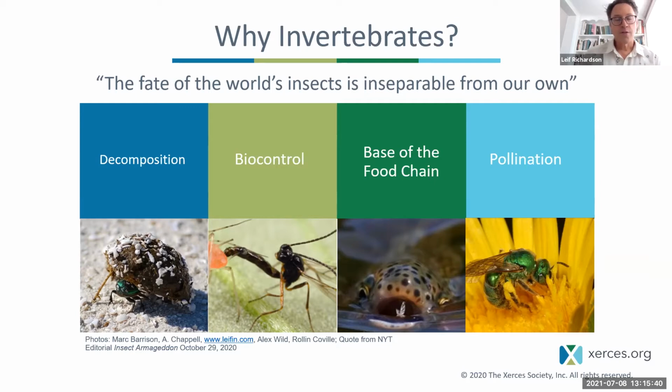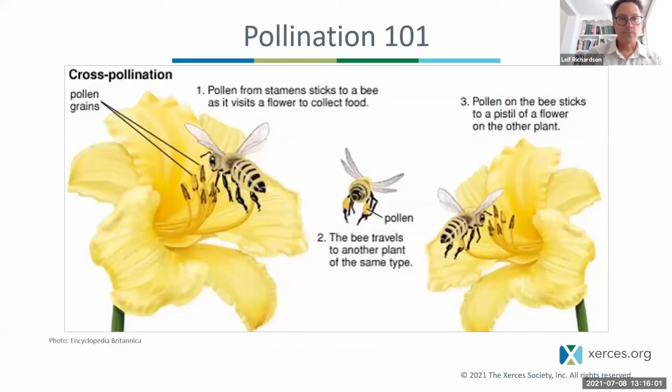Invertebrates are often the base of food chains, so they serve as the food for larger organisms and then larger above them and so on. And most important to what we're talking about today, pollination. So bees, and especially bumblebees, are very important pollinators of both crop plants and wild plants.